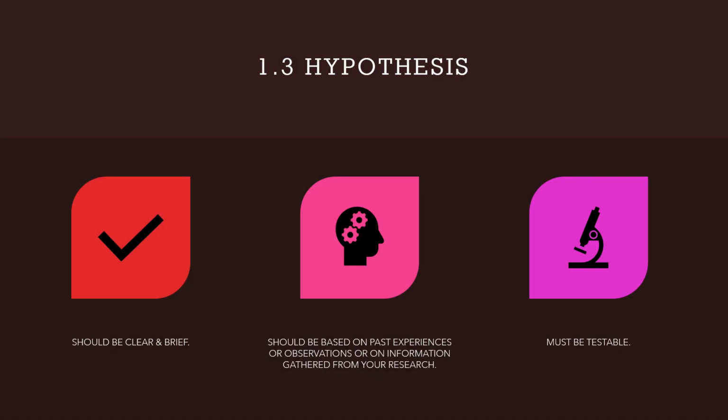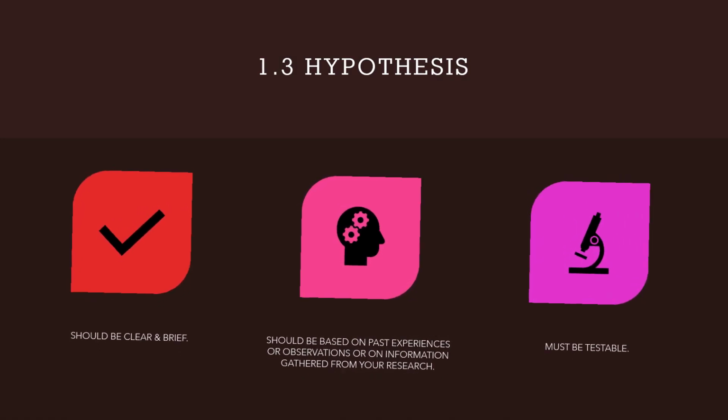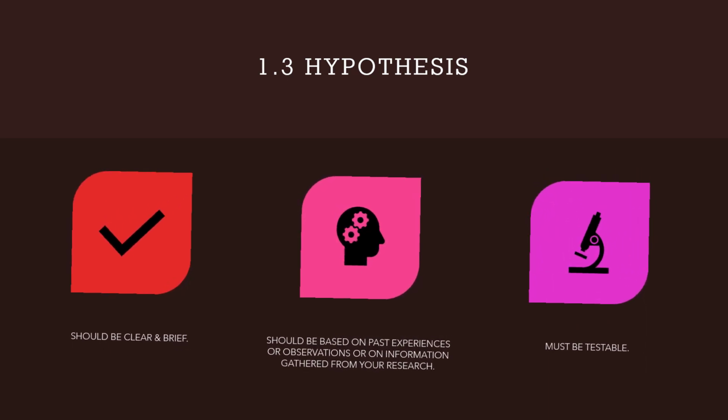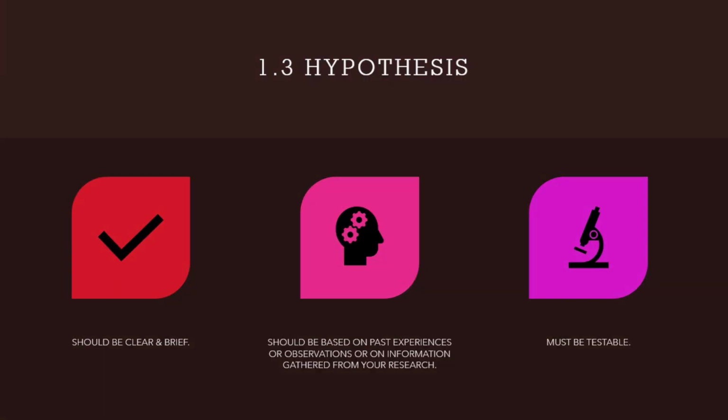Next, a hypothesis must be testable. This means that your hypothesis can be proven right or wrong, depending on the outcome of your experiment. As I mentioned, if you are planning to investigate whether or not aloe vera extract speeds up regeneration of planaria, you can conduct an experiment to test this hypothesis.